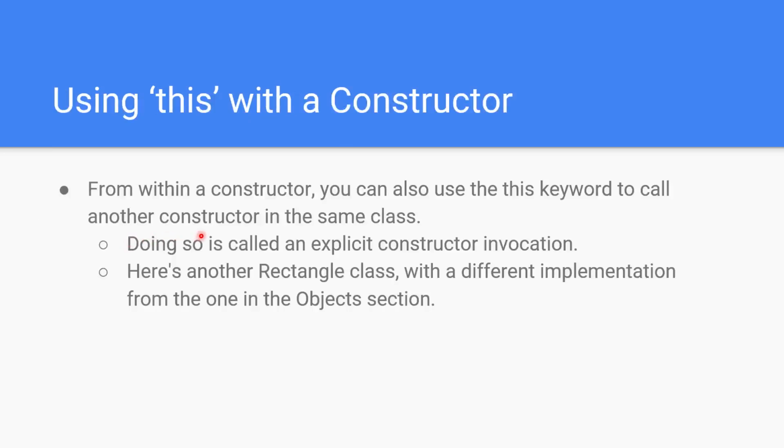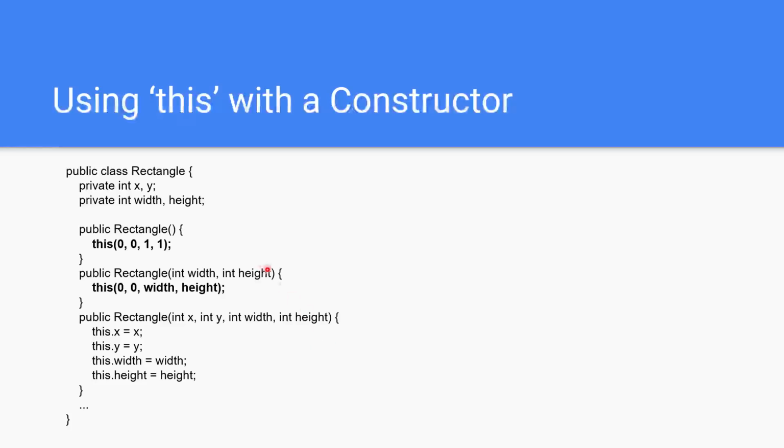From within the constructor, you can also use the this keyword to call another constructor in the same class. Doing so is called an explicit constructor invocation. And here is another rectangle class with a different implementation from one of the objects sections.